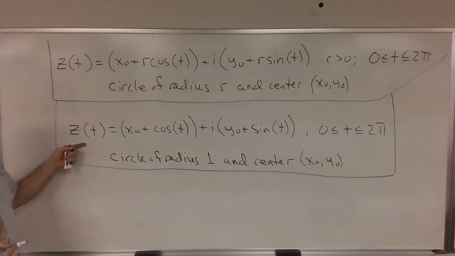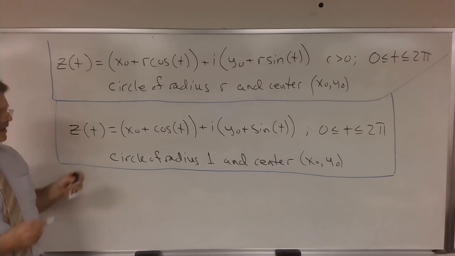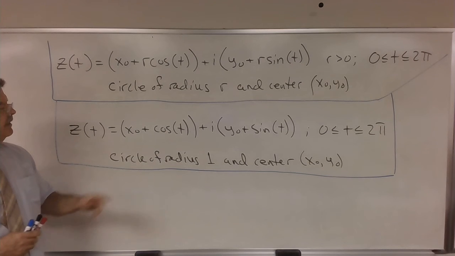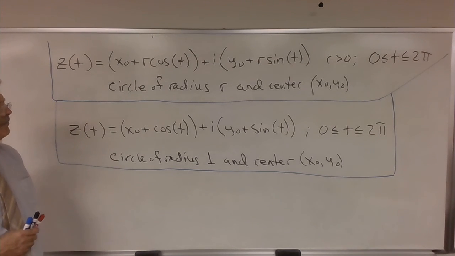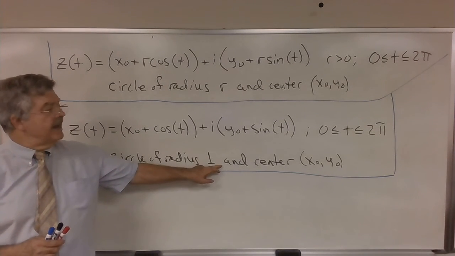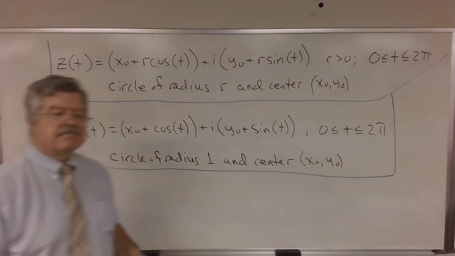This is a simple closed parameterized curve that follows the circumference of the circle of radius 1 centered at (x naught, y naught).